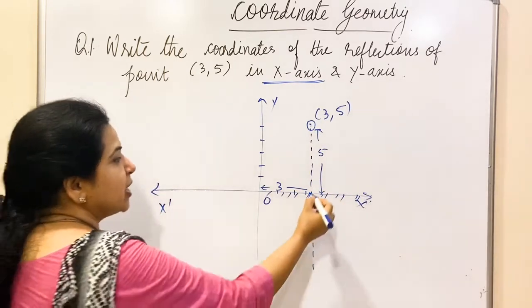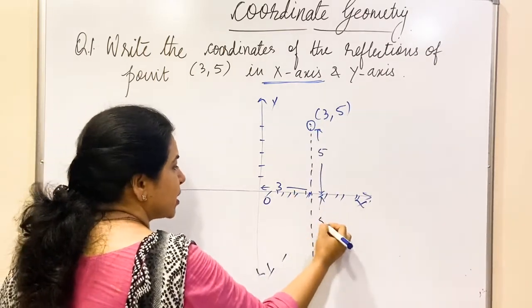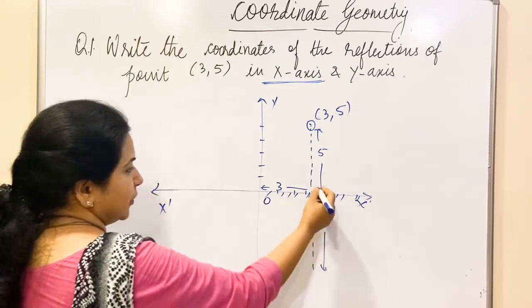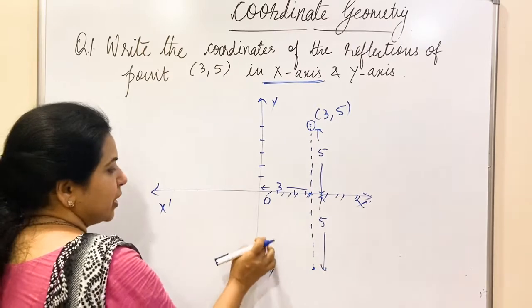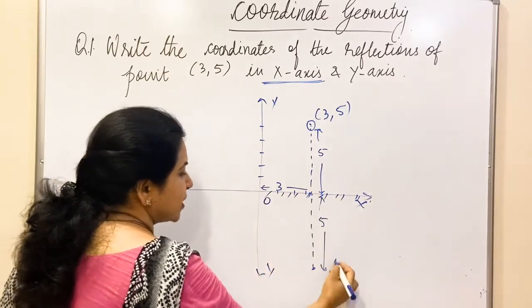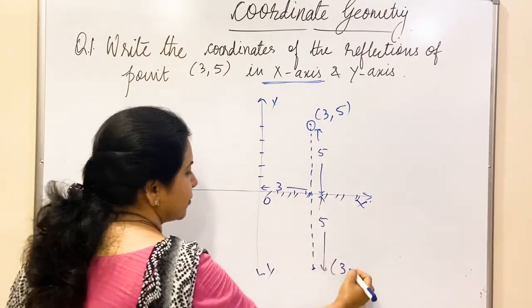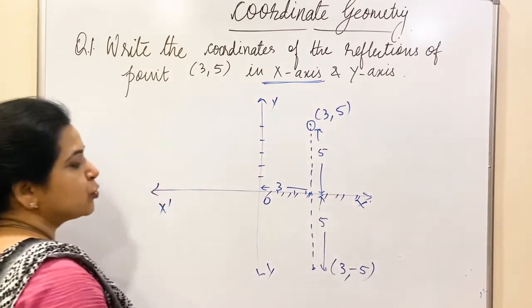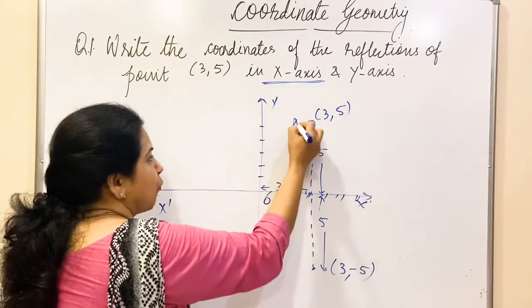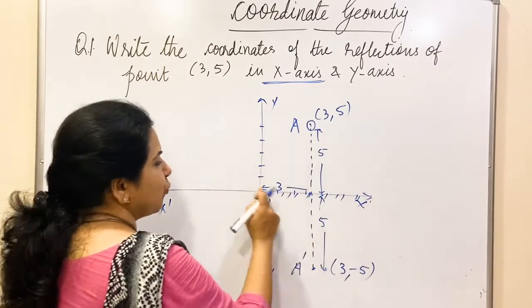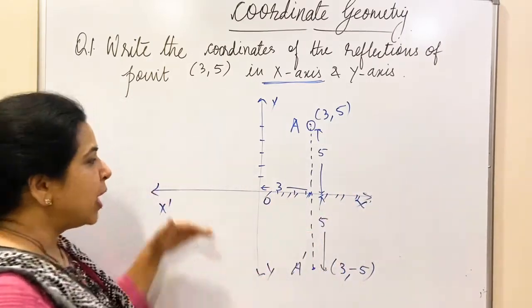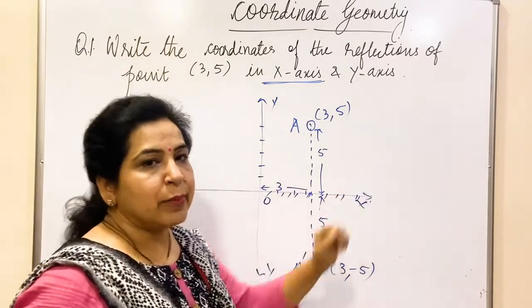So the image will be 5 distance below the x-axis. So the coordinate of the point is 3, this distance will be the same, and this distance will be -5. So this is the image of point A. A dash is the image of the point with respect to the x-axis as a plane mirror.